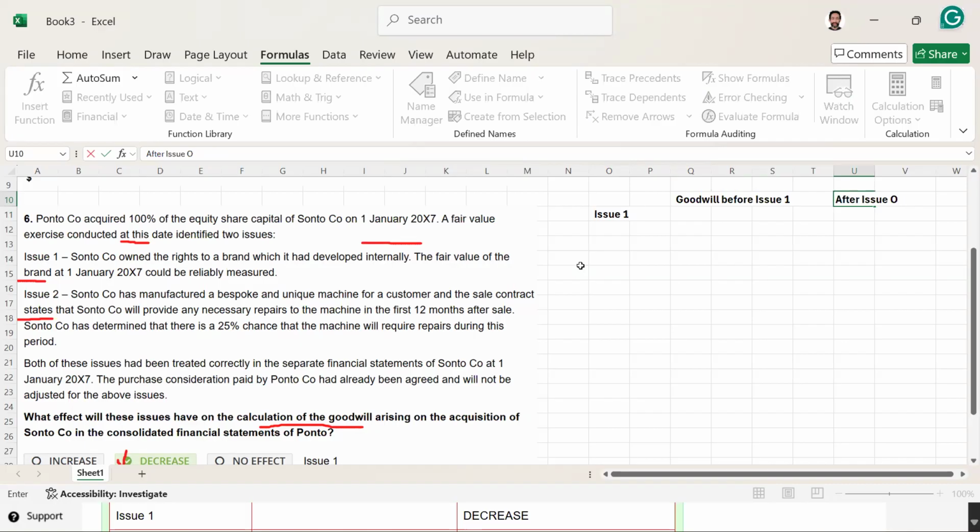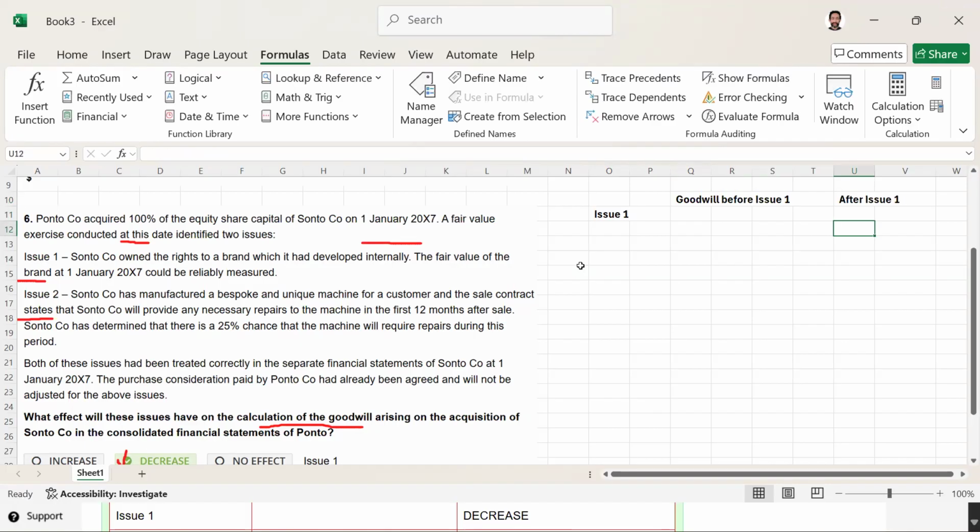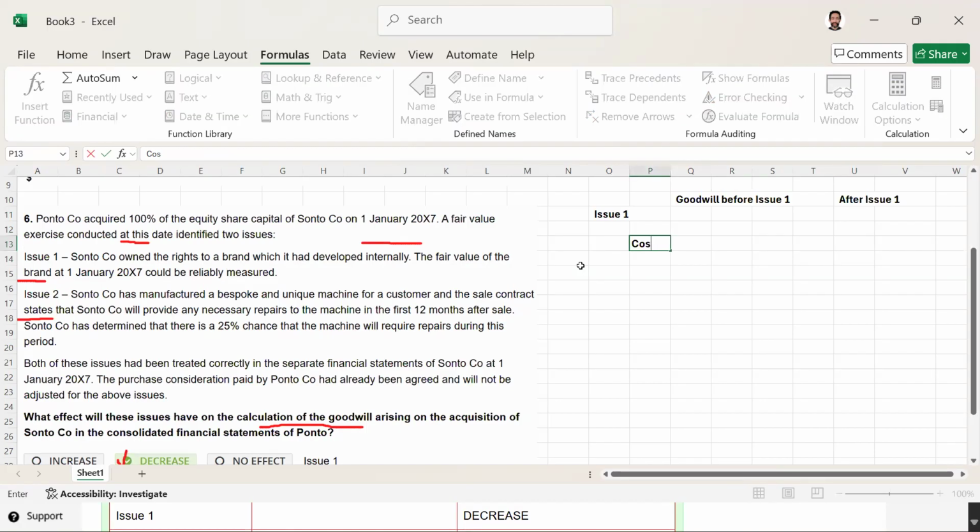Okay, so let's see how we can address this thing and understand. So we have this, I'm just going to give the examples: cost of investment and the value of the net assets, and we have the goodwill.